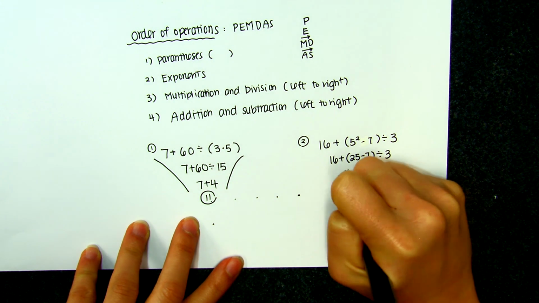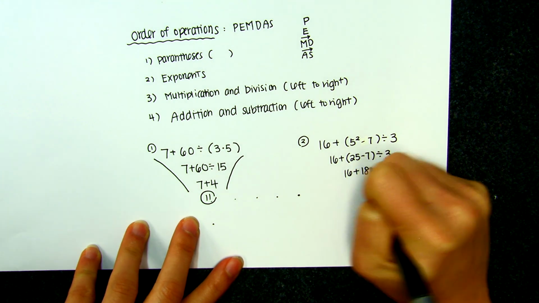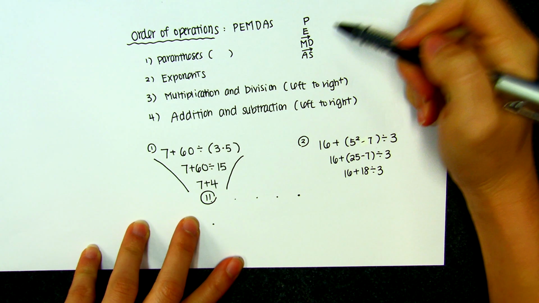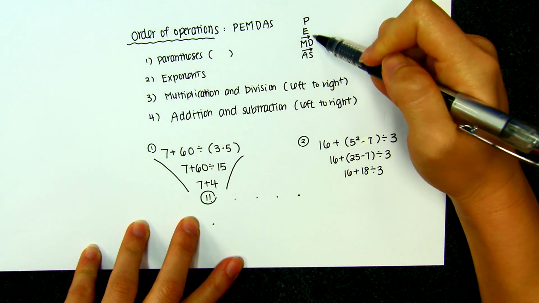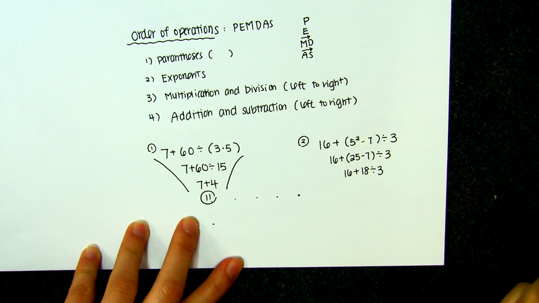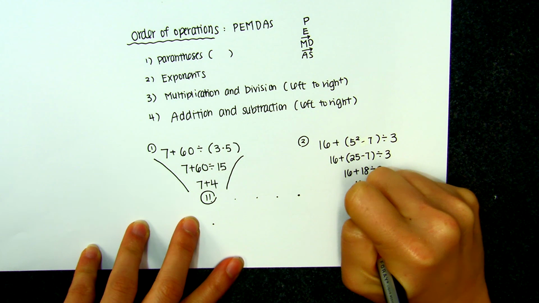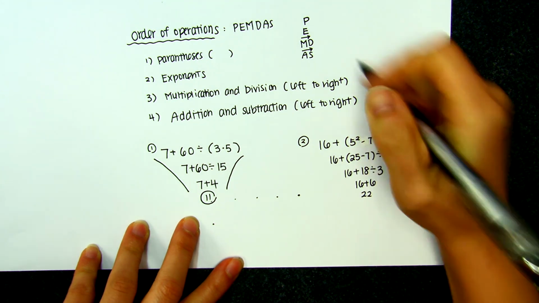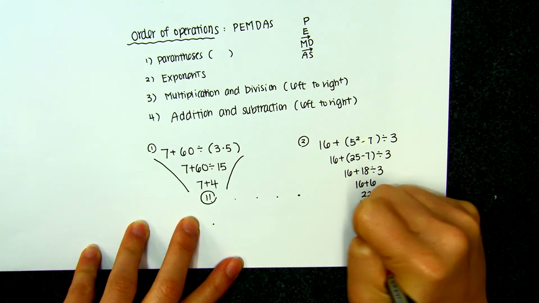So 16 plus 18 divided by 3. Exponents done, check. Now multiplication, division: which one comes first? Division. So 18 divided by 3 is 6. So 16 plus 6, and the answer is 22, because we moved along to addition and subtraction. So that's my final answer.